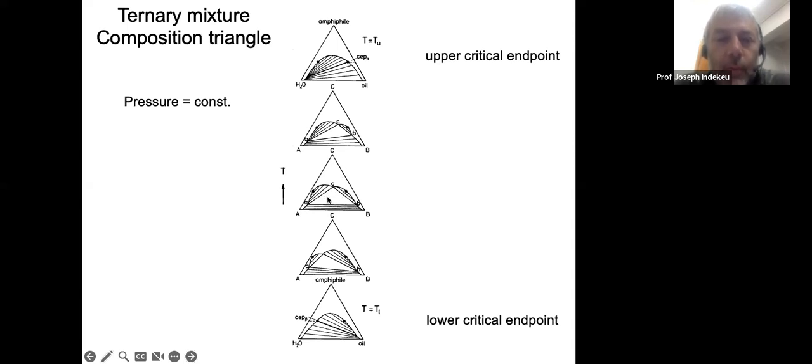And what does this mean? It means that if we would try to realize a certain state here, which I indicate by the arrow, in this composition triangle, it would mean that we would have a certain state, say, which would correspond hypothetically to a homogeneous state of concentrations of A, B, and C, A being water, B being oil, C being amphiphile in this example.